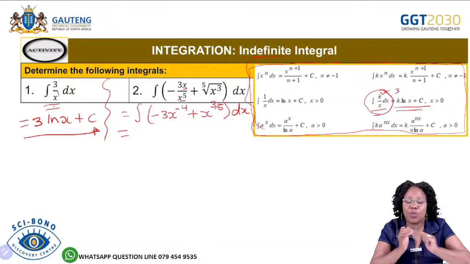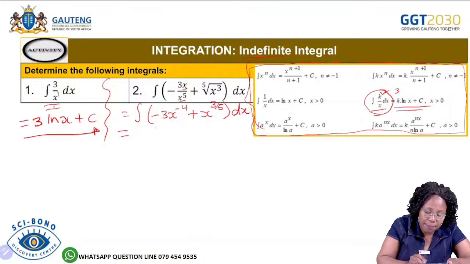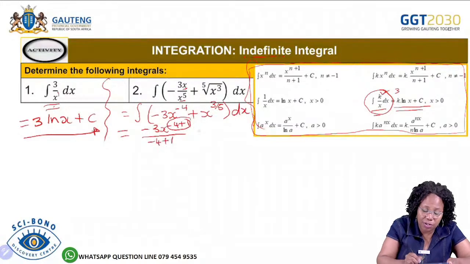When we integrate, we add, right? Then this will be minus 3 x to the power minus 4 plus 1. And that exponent also goes to the denominator, minus 4 plus 1. That is integration now. Plus x to the power 3 over 5 plus 1, and that exponent also goes into the denominator. And then this will be plus c.